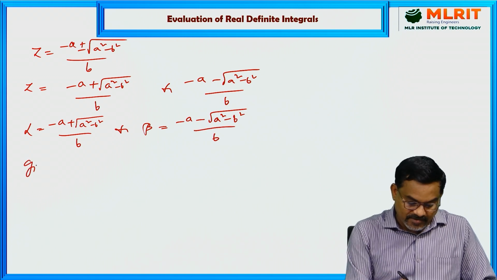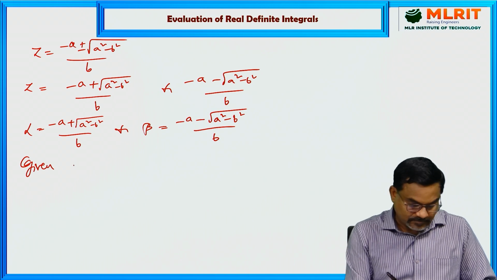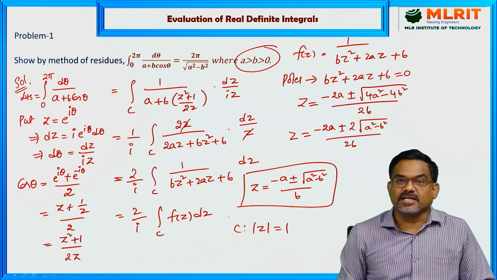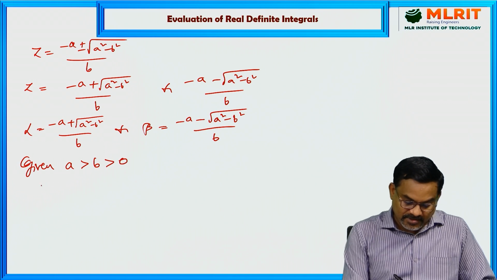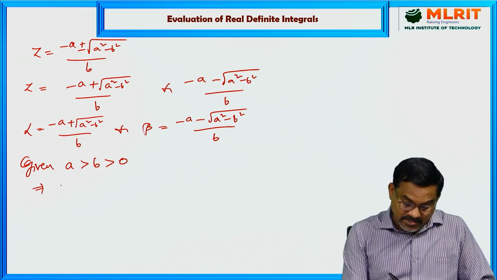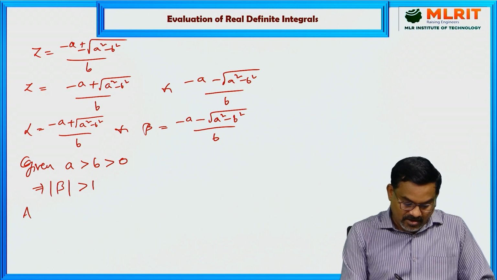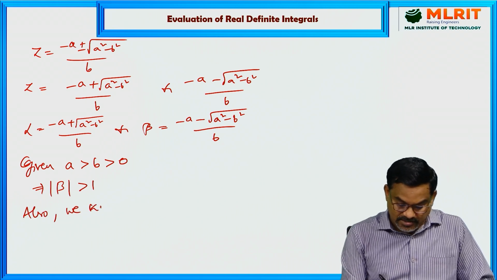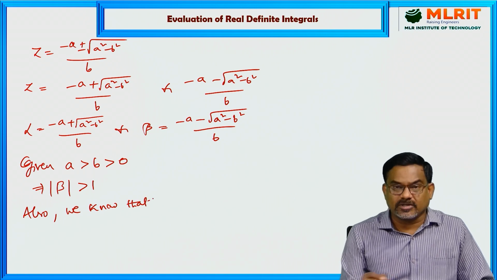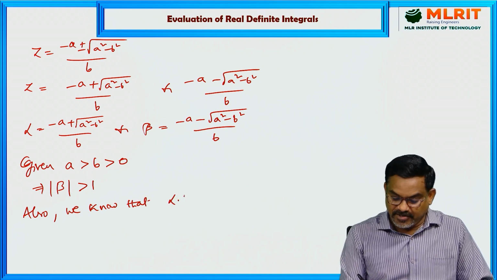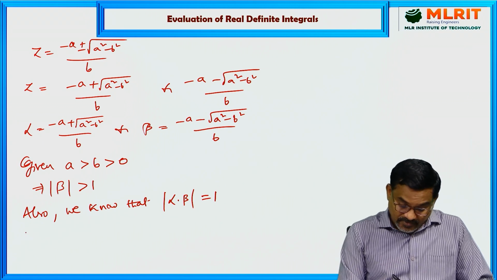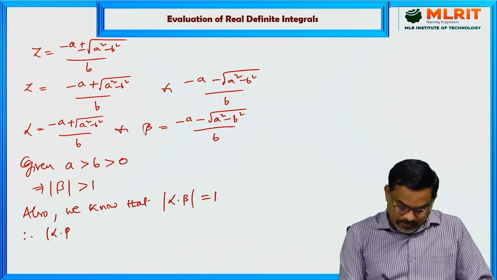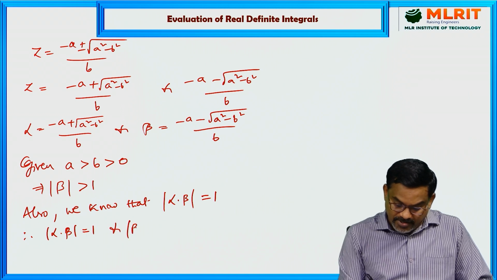And given, what is the given? The condition is a is greater than b is greater than 0. So a greater than b greater than 0. That implies here mod beta is greater than 1. And also we know that the product of the two roots alpha into beta is 1. So mod alpha into beta is 1, and mod beta is greater than 1.